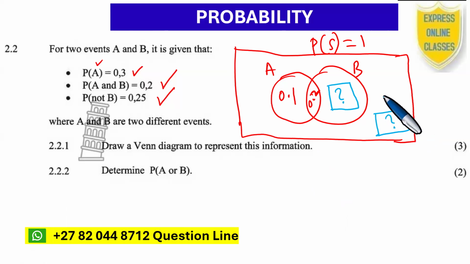So now I'm going to call this one X, and I'm going to call this one Y. So now tell us, in the Venn diagram case, what X is and what Y is. I want to see what you're going to do.